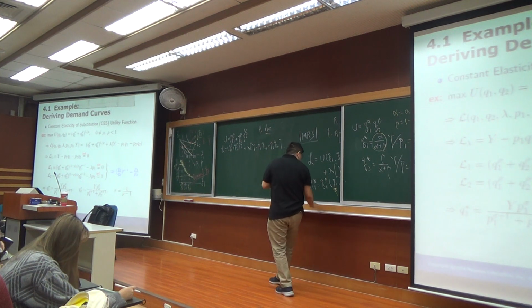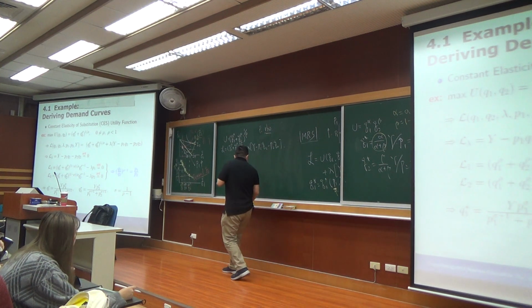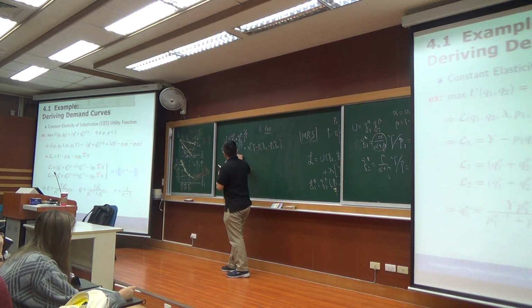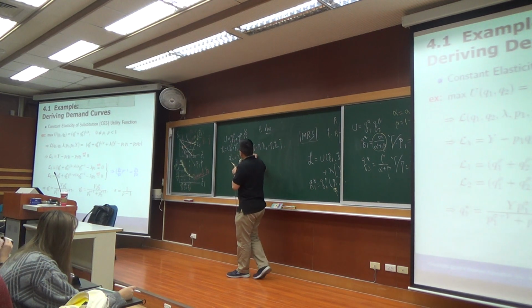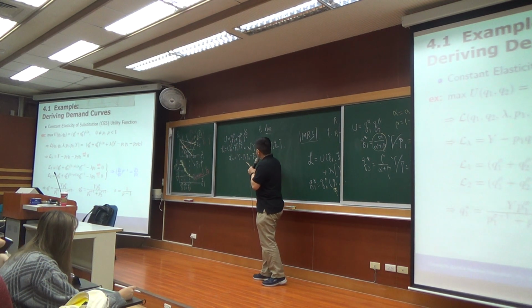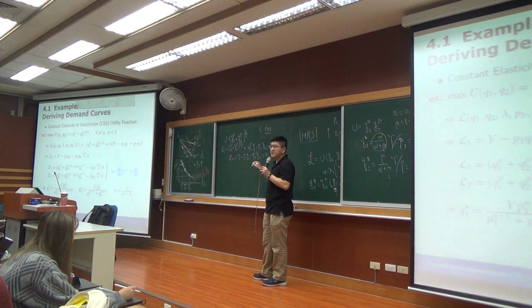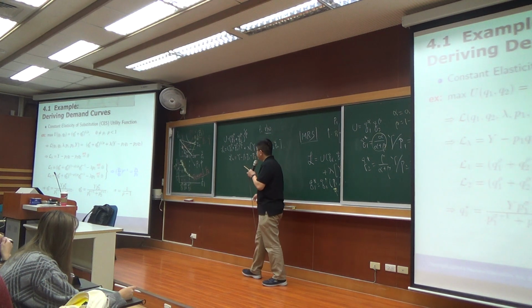And the first order condition here. The Lagrange with respect to lambda is the simplest one: Y minus P1 Q1 minus P2 Q2 equals 0. This is precisely the budget constraint.